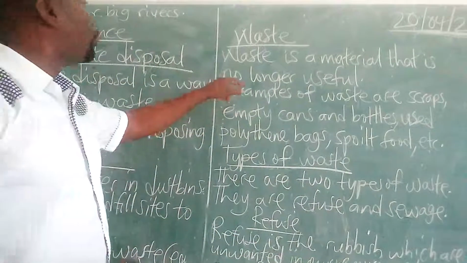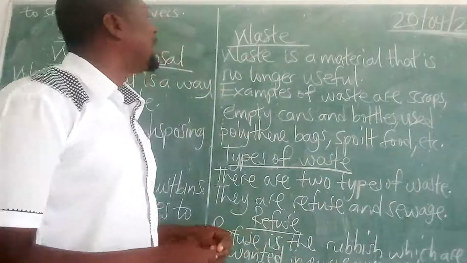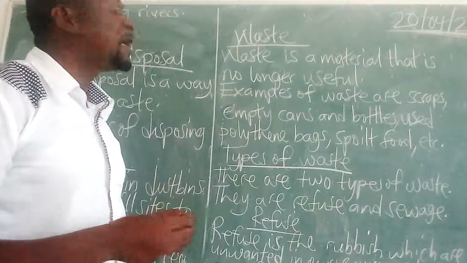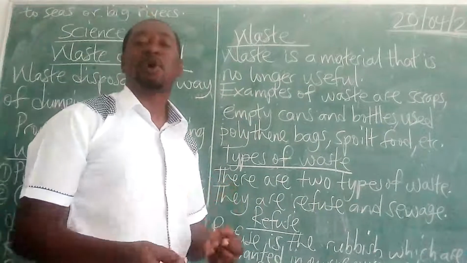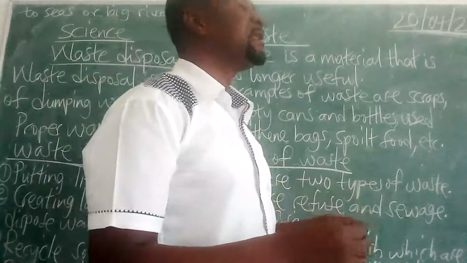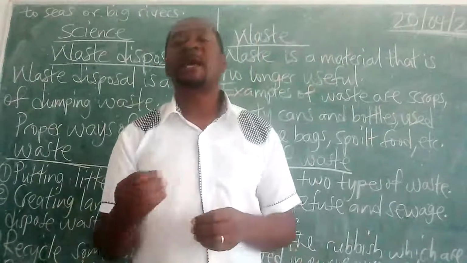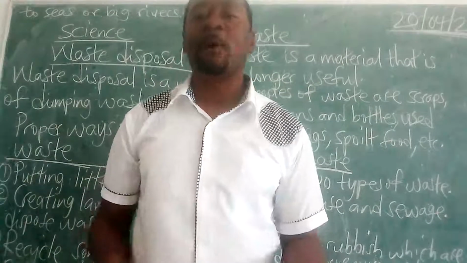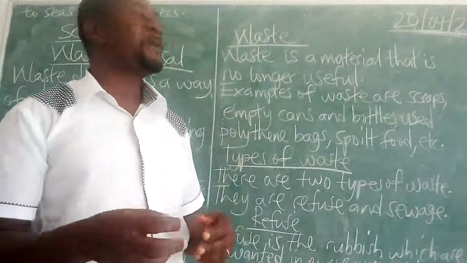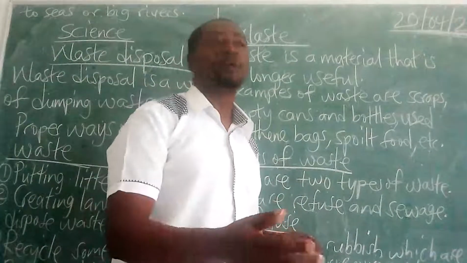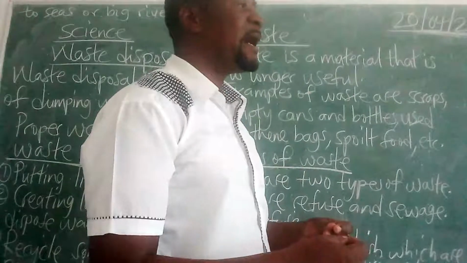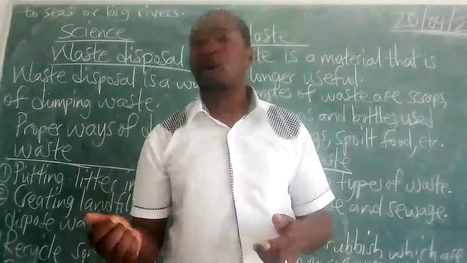Then we go to waste. Waste is a material that is no longer useful. Anything that is in your hand or anything that you see that is not useful becomes waste, because we throw it away. If you have paper and it is not useful to you, you throw it away. If you have a polythene bag and it is not useful, you throw it away.